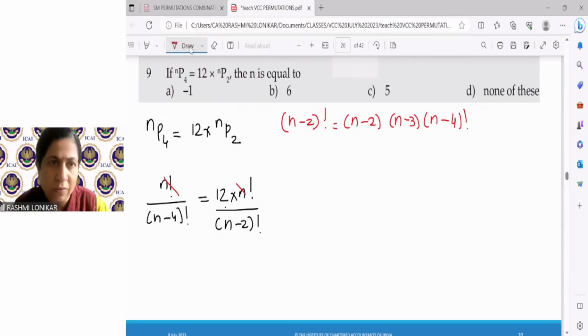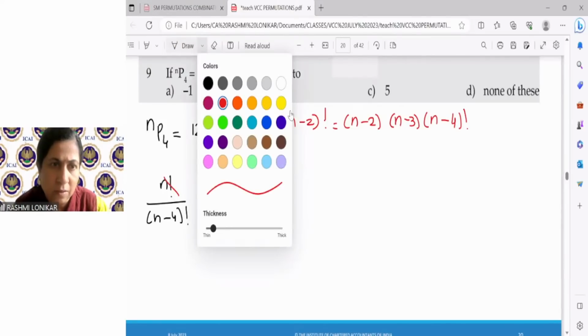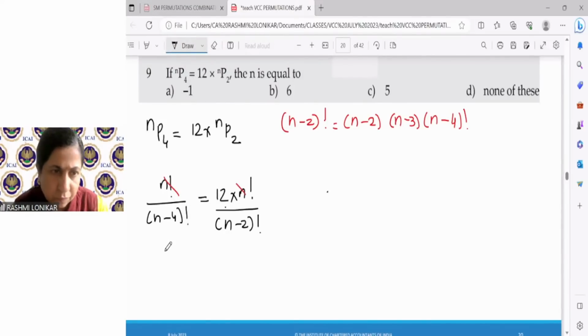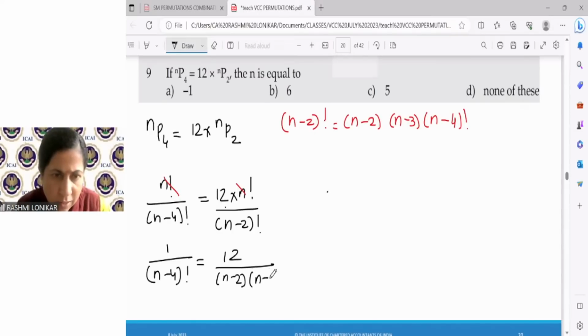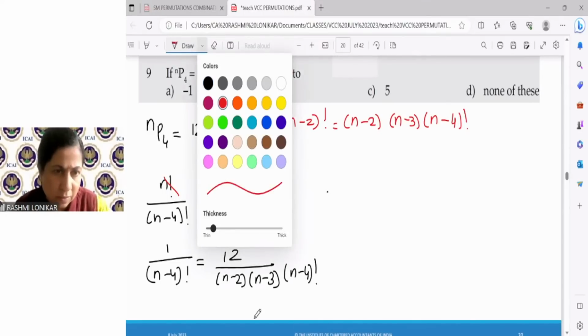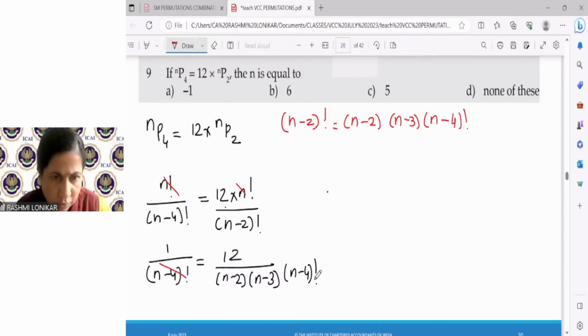So I have 1 upon (n minus 4) factorial equal to 12 upon, instead of (n minus 2) factorial, what will I write? This: (n minus 2) into (n minus 3) into (n minus 4) factorial. So this (n minus 4) factorial will get cancelled.